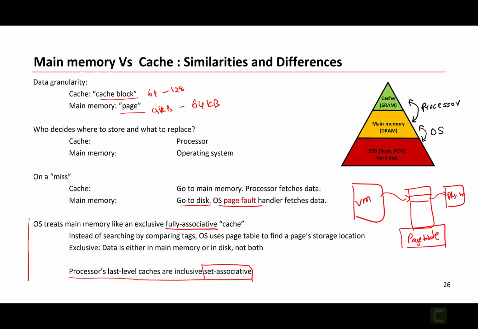Now, if this page table is such a good idea, why did we not use it for cache design? Think about that. Well, the main reason is a problem that we have not yet solved: the page table is not free. It consumes a lot of space, and we're going to play a lot of tricks to try and reduce that space.